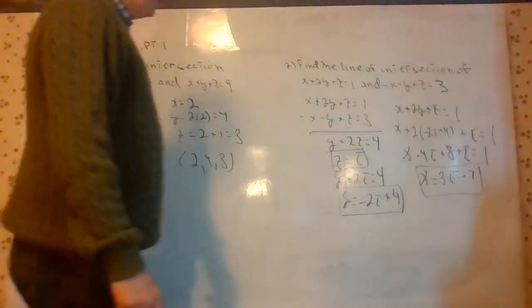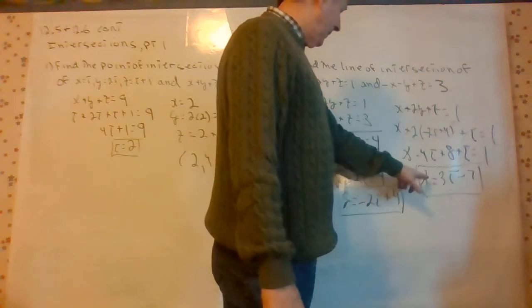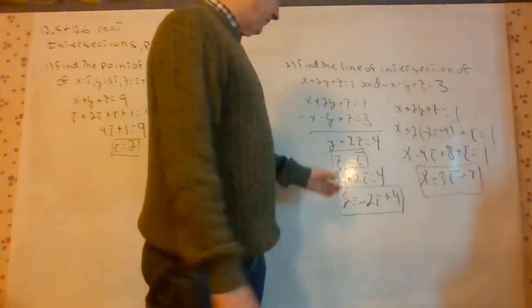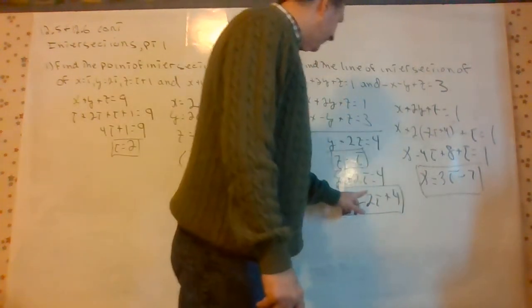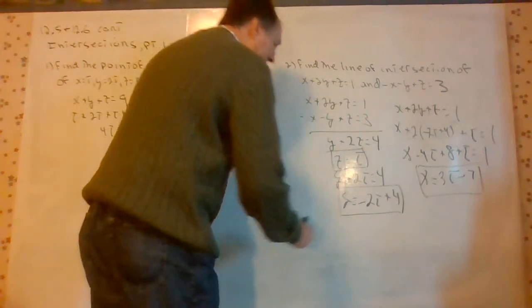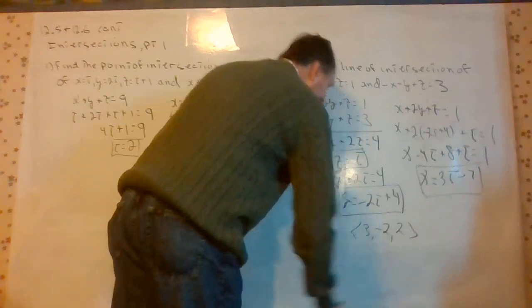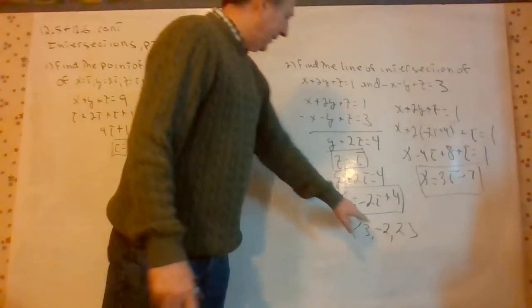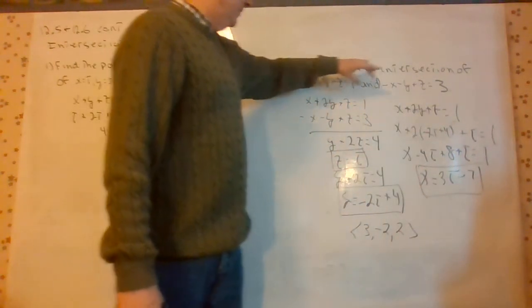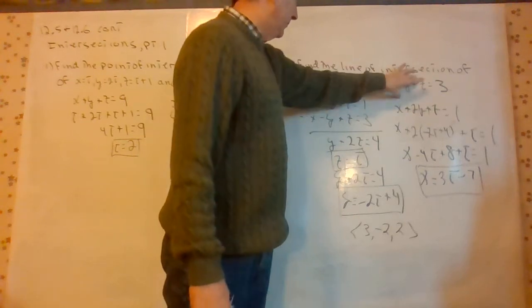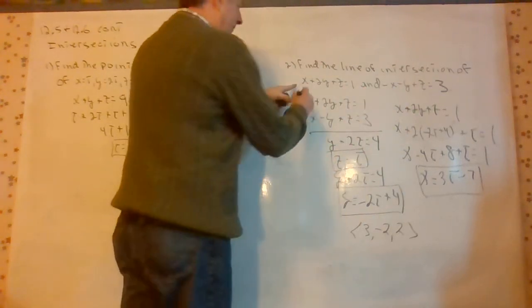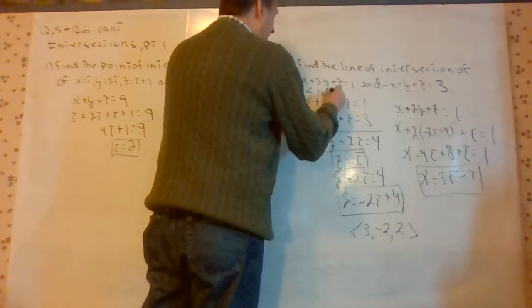We could check this, and actually the parallel vector in this case is 3, negative 2, 2. You want to check to make sure that's orthogonal to the normal vector here and the normal vector here. The normal vector here is 1, 2, 1.